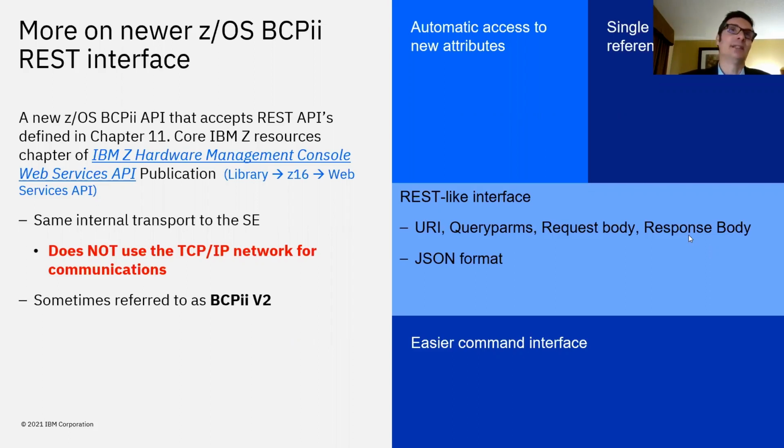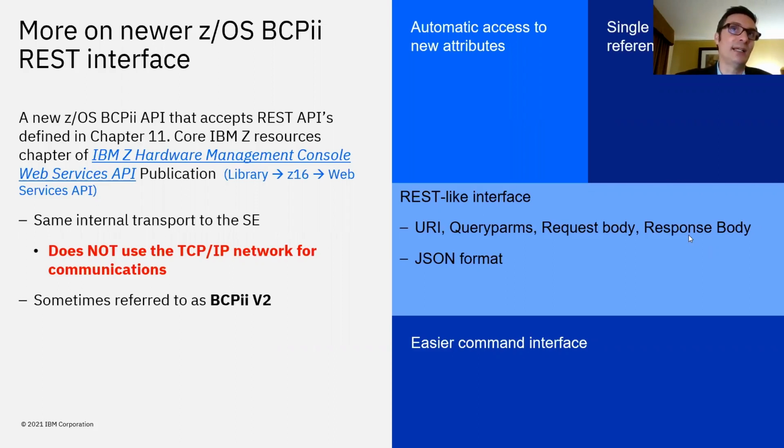So again, what's nice about this is that going forward, all new hardware attributes will be automatically available with this interface. There's no need to wait for a corresponding PTF from zOS to be able to enable new hardware features. The documentation is in a single point, all in the Hardware Management Console Web Services API publication. It is more intuitive, especially for early tenure folks, to set up this interface.